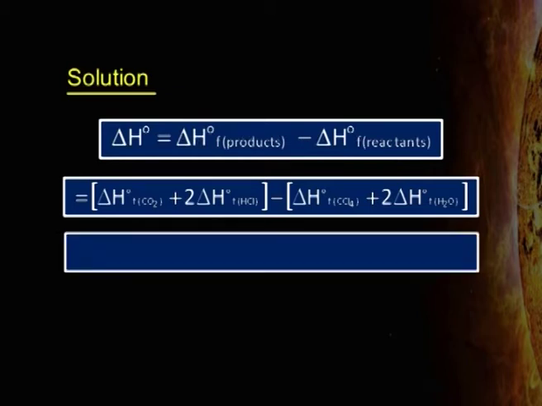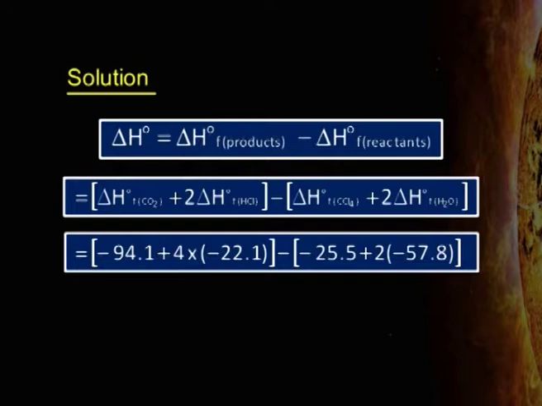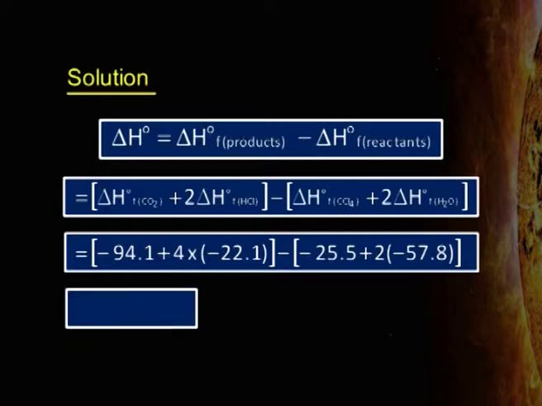You will get minus 94.1 plus 4 into minus 22.1 minus 25.5 plus 2 into minus 57.8. Calculating, you will get delta H naught equal to minus 41.4 kilocalories. If heat at constant pressure, that is delta H, is given, heat at constant volume, that is delta E, can be calculated. Here is another example to calculate delta E when delta H is given.